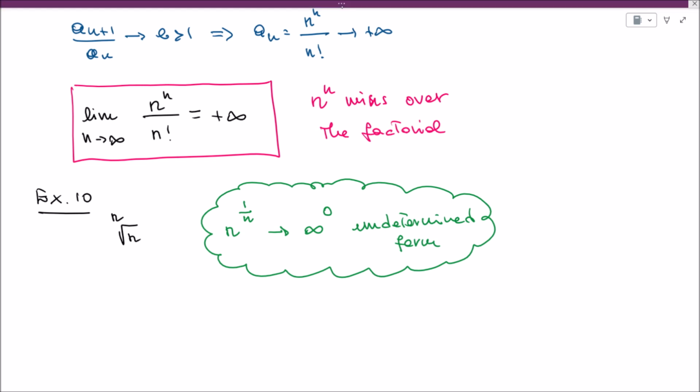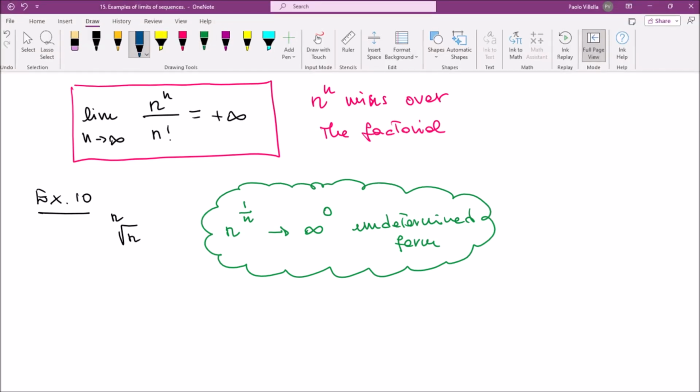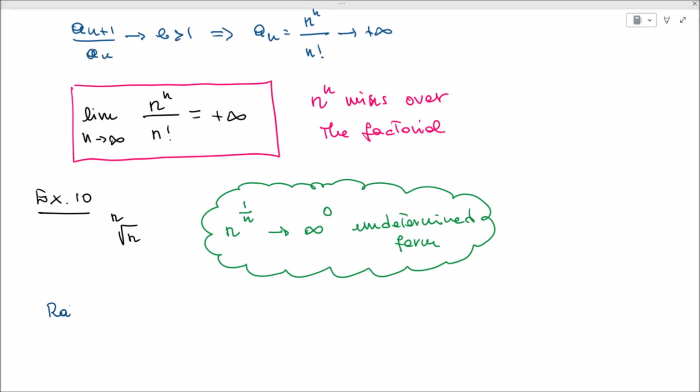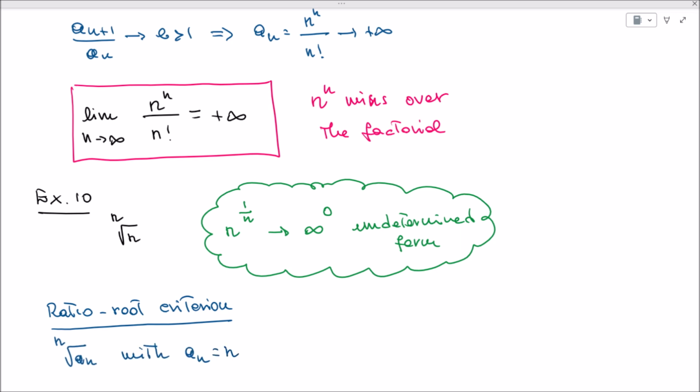One possibility would be to use the ratio root criterion for estimating this limit. In other words, we would like to estimate the nth root of a_n, with a_n being simply n.